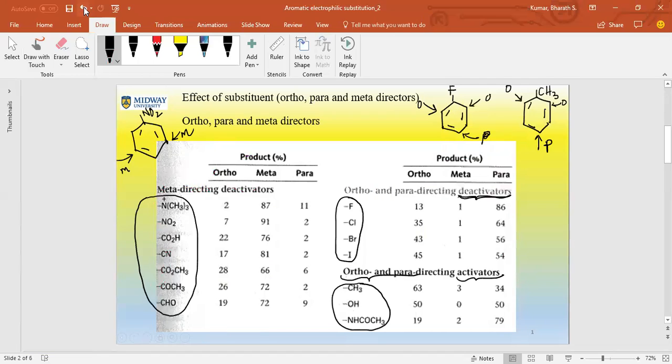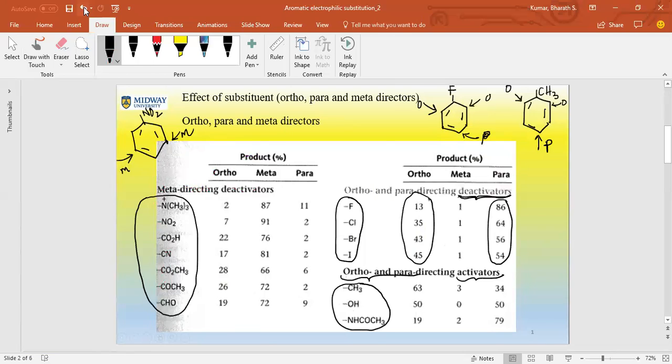Let's say you have a fluorine and you have another incoming substituent that you can add to either the ortho or para position, but you see that in all the cases the para position is more stable than the ortho. For these types of reactants, you see the percent of para versus percent of ortho is always higher.